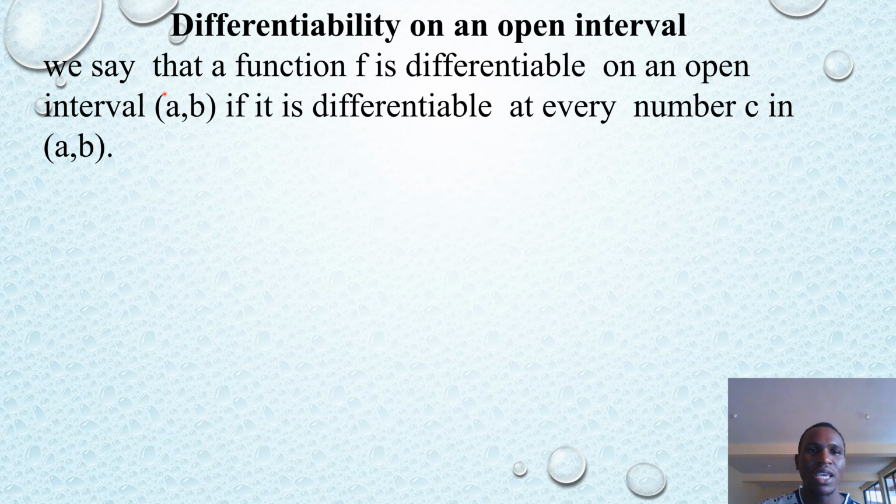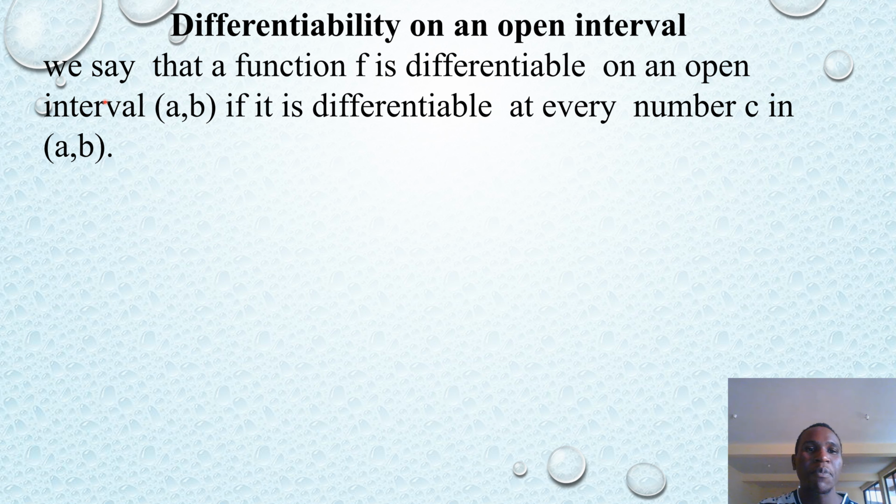So when we say that a function f is differentiable on an open interval (a, b), we say that a function f is differentiable on an open interval (a, b) if and only if it is differentiable at every point in this interval. c is a general point.